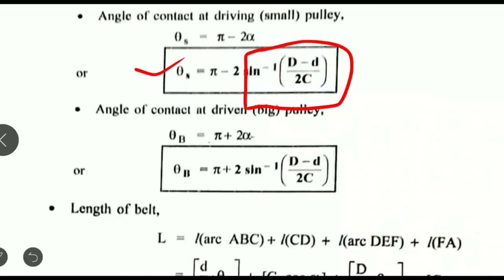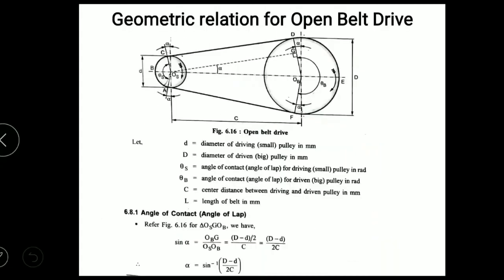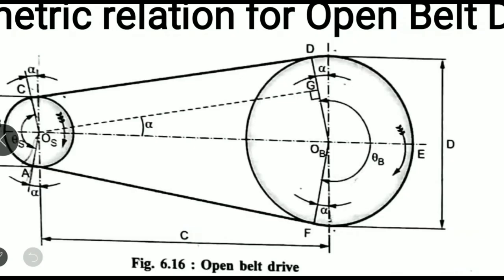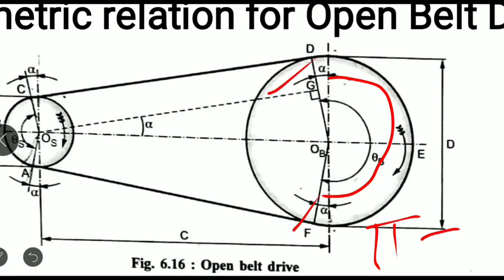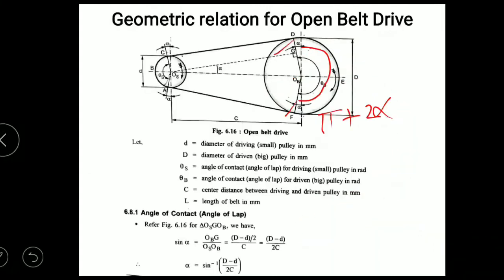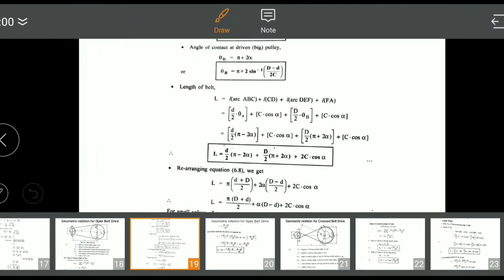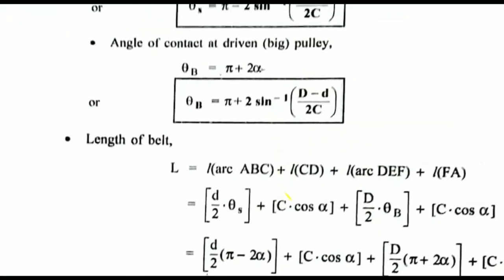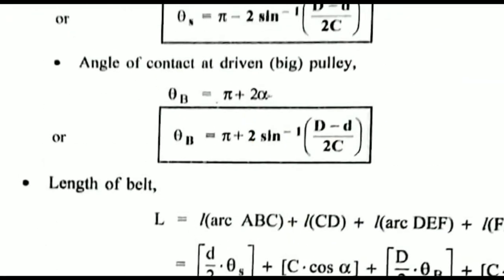Clear? Now for the bigger pulley, definitely we'll go to the bigger pulley. This will be the arc of contact, that is 180 degrees, pi, and in addition to that, alpha from one side and alpha from another side, plus 2 alpha. So for the bigger pulley, theta b is pi plus 2 alpha, correct?